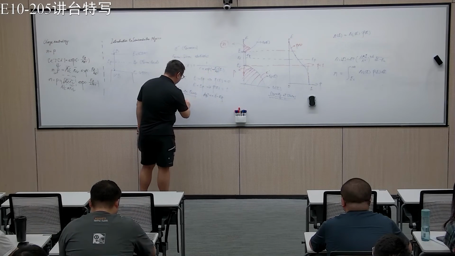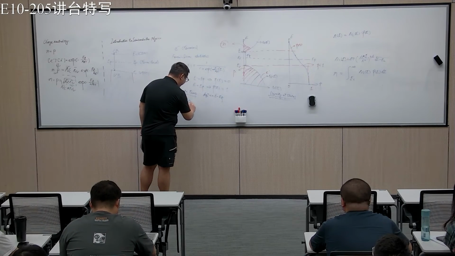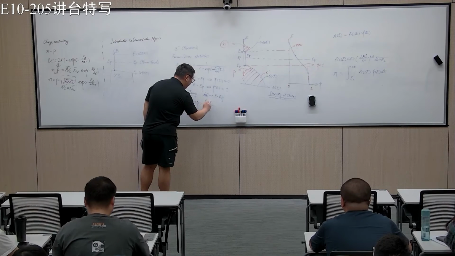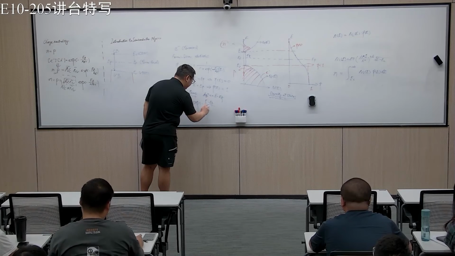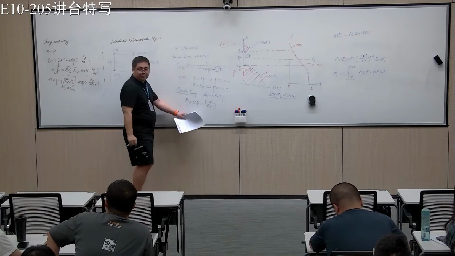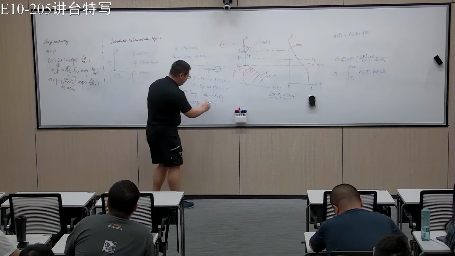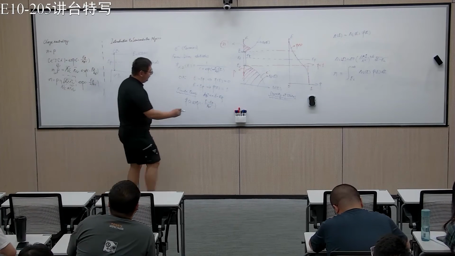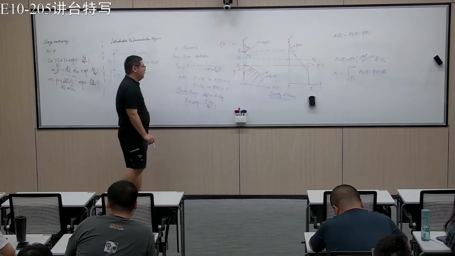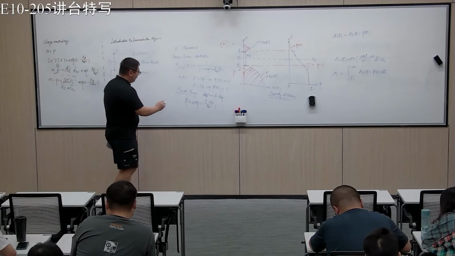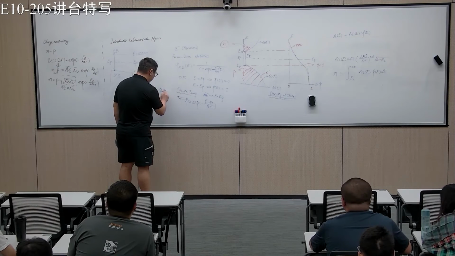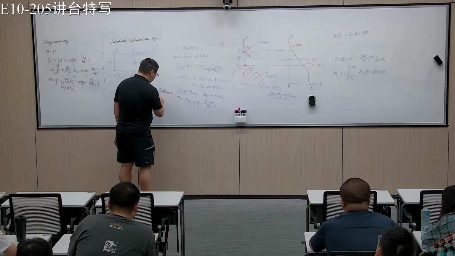So the distribution is roughly exponential of minus (E minus EF) over kBT. Okay, no problem with that. This is called Boltzmann statistics.